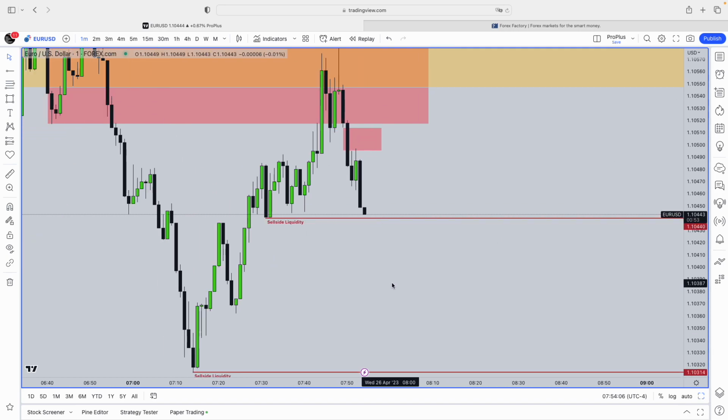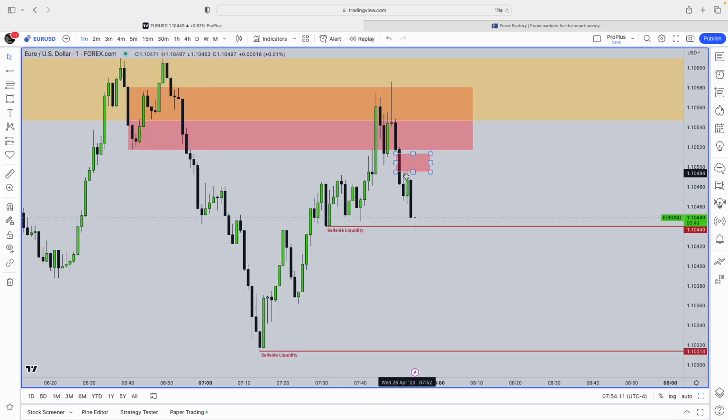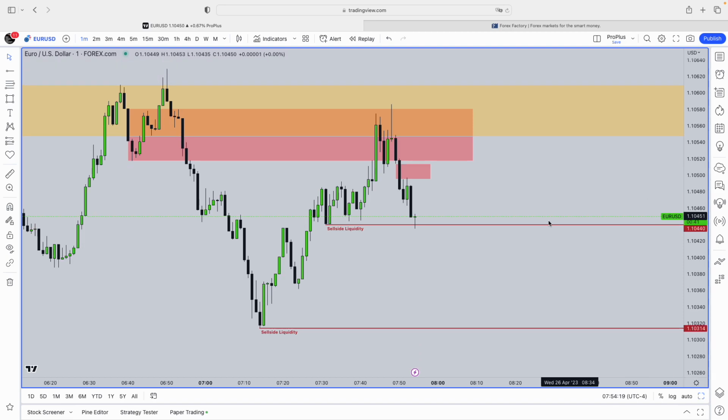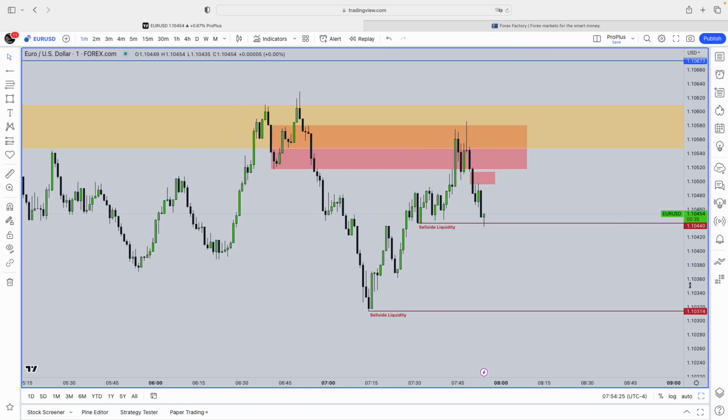So it looks like it's hitting target 1 already. So if you did sell from there, and you got there's your target, it's about 5.5 pips. And your range is nearly 20 pips there, which is nice.